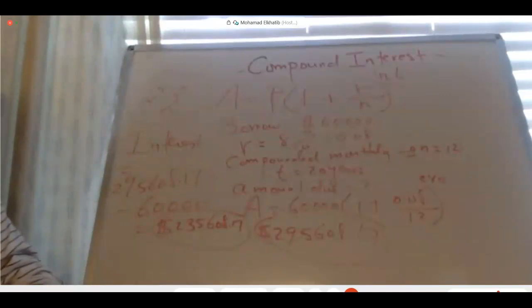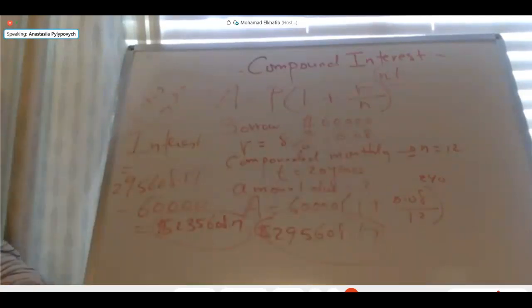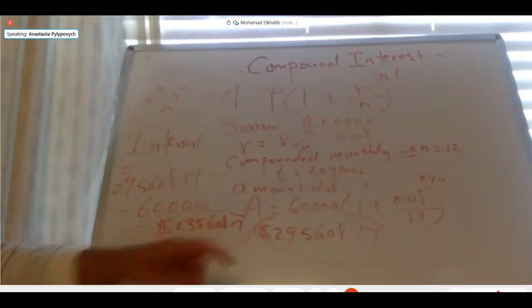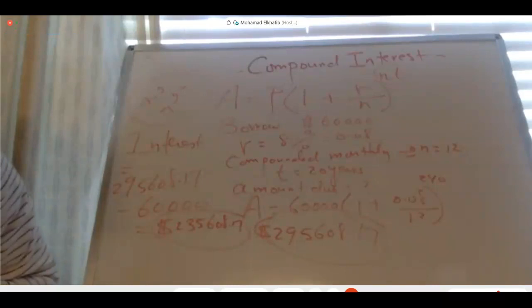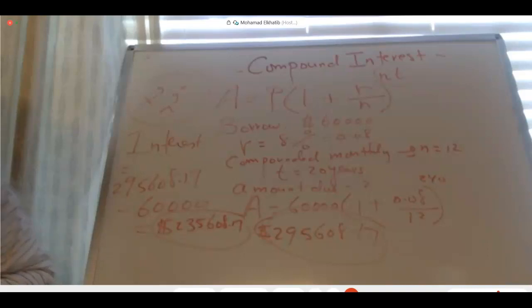Did you find them on your calculator? Yes. Click on that and then click 240 and then equal. And then times 60,000. And then you should see that answer. Got it. Thank you.